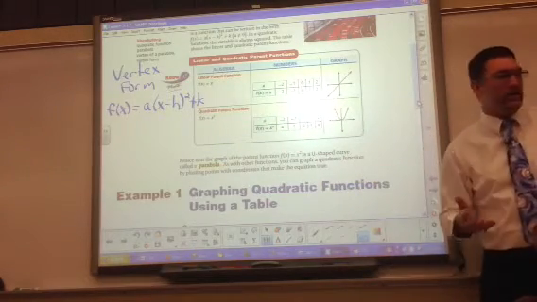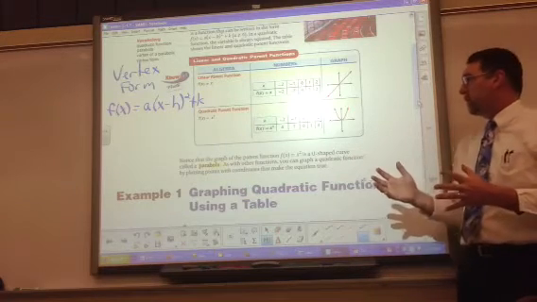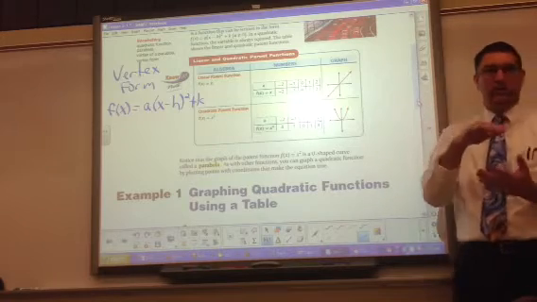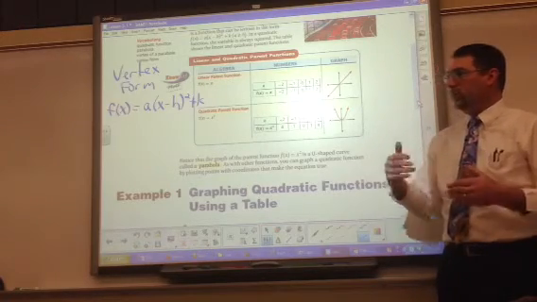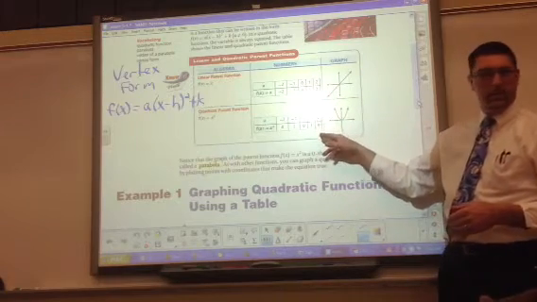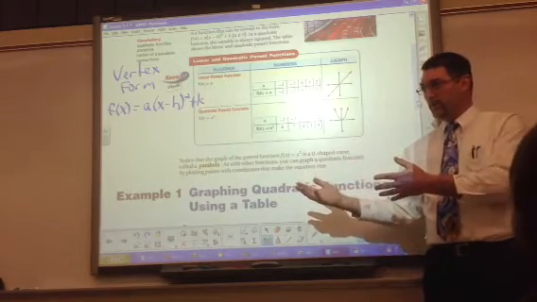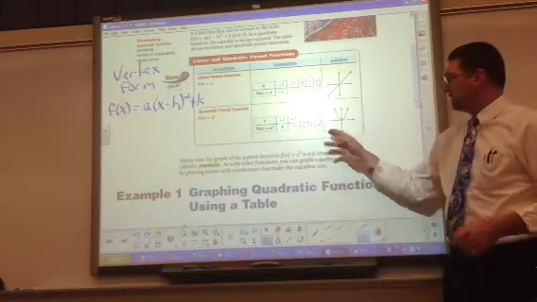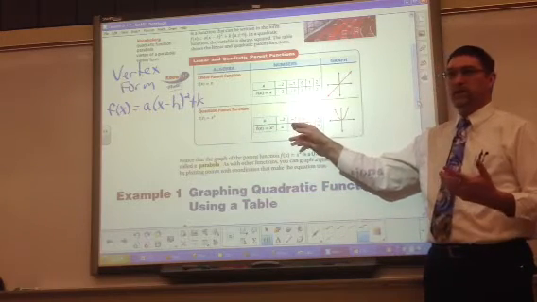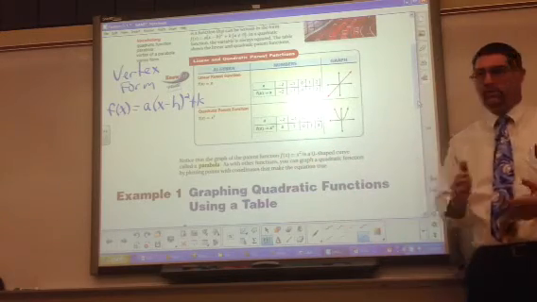One of the big things we're going to talk about is that when we are graphing a quadratic function, unless there's a stretch or compression vertically, it's almost always going to go over 1 and up 1, and then if it goes over 2, it goes up 4, because when we square 2, we get 4, right? And the same with going to the left. If we go over 1 to the left and we square that number, we get 1. If we go over 2 to the left and we square that number, we get 4.